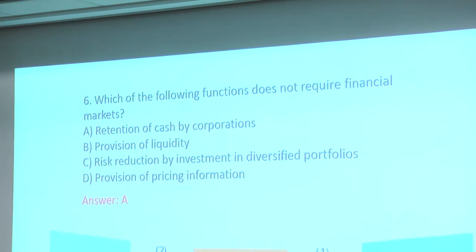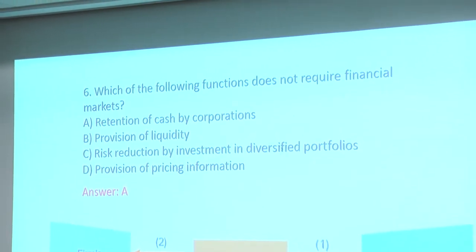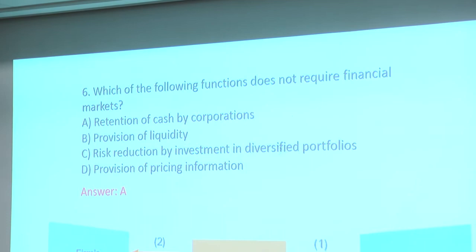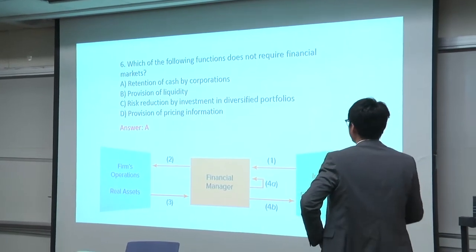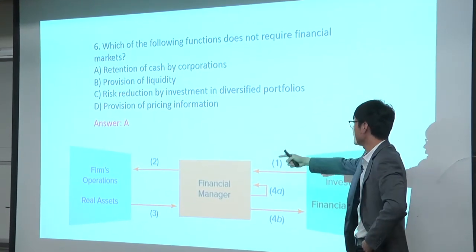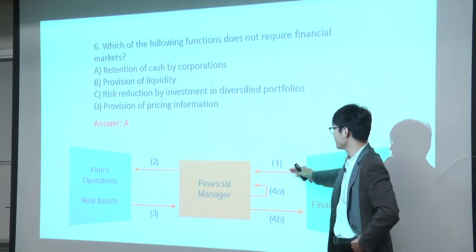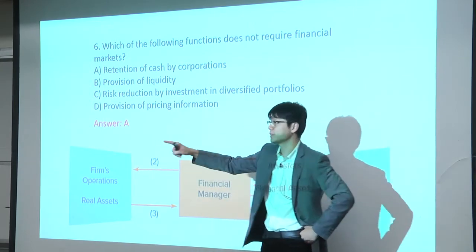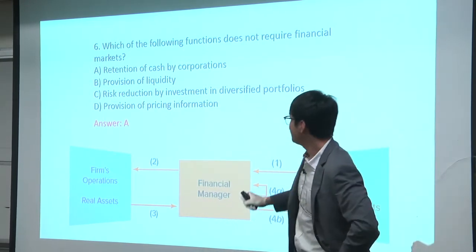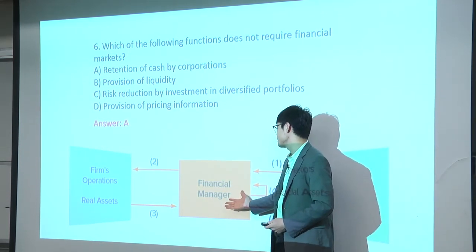Which of the functions does not require financial markets? The answer is A, retention of cash by corporations. If you see how cash flows into the company and out of the company, investors inject cash, then the financial manager puts money into firm operations, real assets, and they generate profits coming back to the financial manager again.